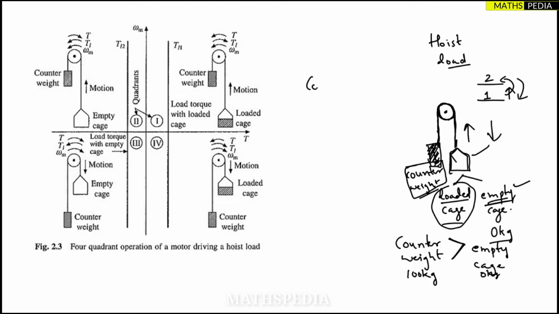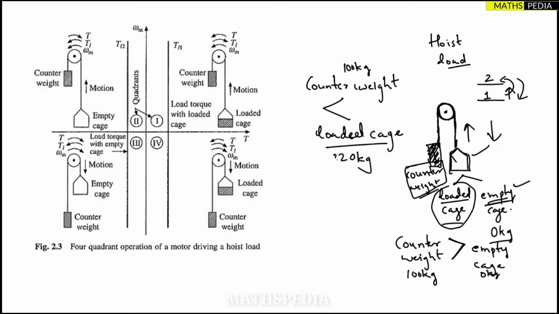The counterweight should be less than the loaded cage. I have considered 100 kg, so the loaded cage should be greater, so I will consider 120 kg. So this is the scenario: empty cage 0, counterweight 100, and loaded cage 120 kg.